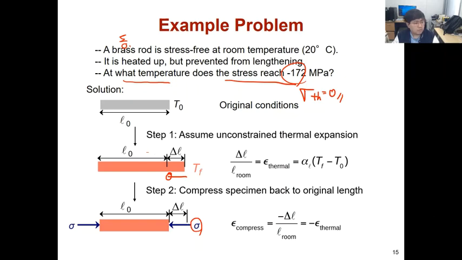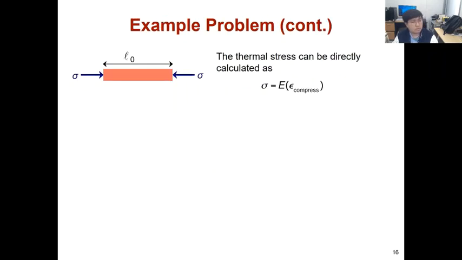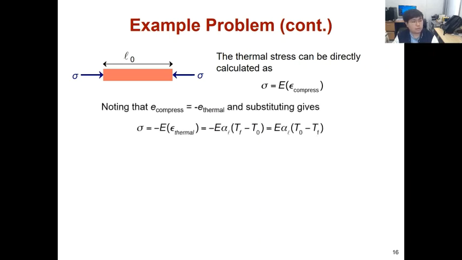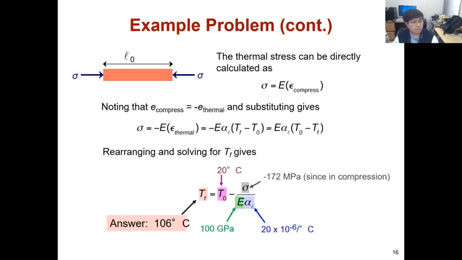So anyway, due to this strain, the compressive strain will show the negative direction. So finally, the Young's modulus and negative thermal strain. That's the reason for the thermal stress generation.